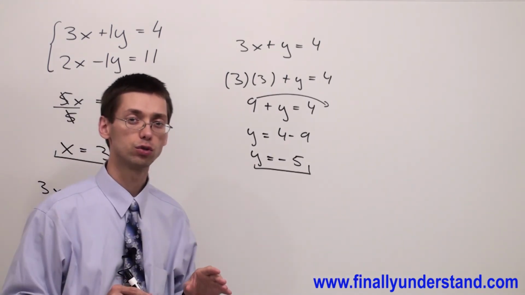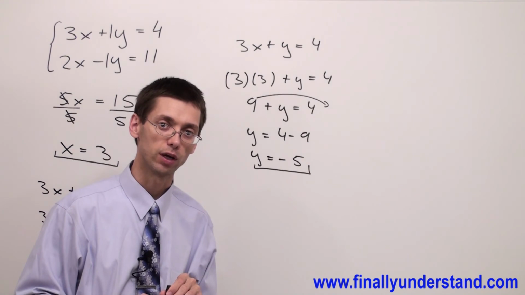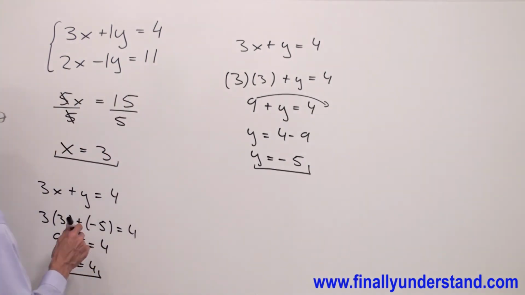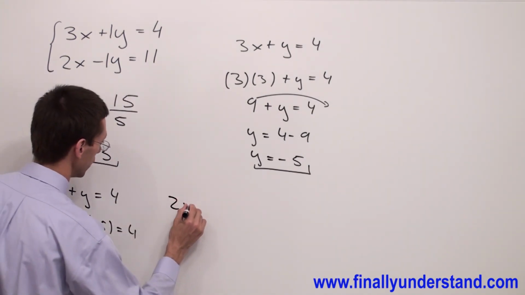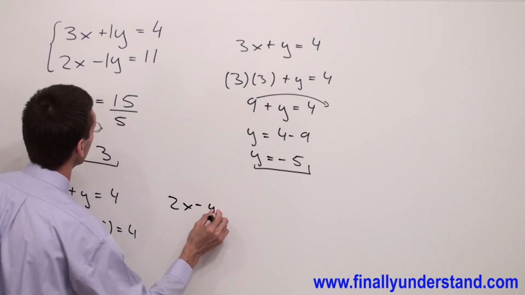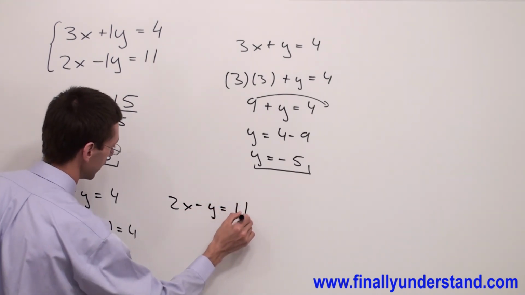But it's always good to check the second equation. So let's check the second one. We have 2x minus y equals 11.